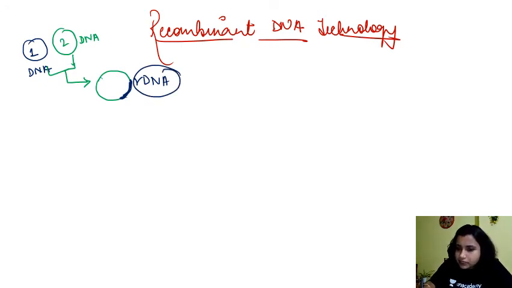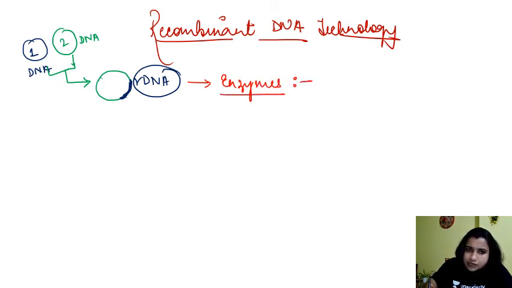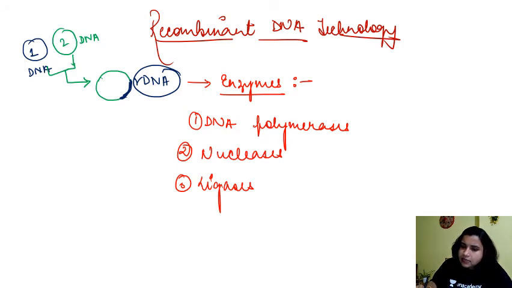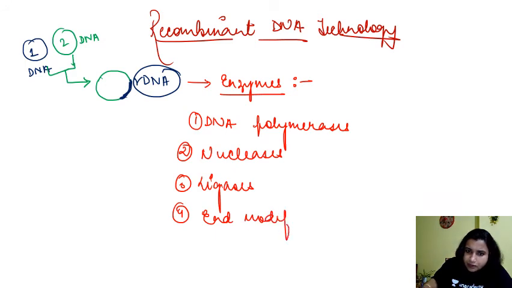To produce recombinant DNA, we need many factors, many tools for recombinant DNA technology. First, we will see the enzymes. The enzymes we need are DNA polymerases, nucleases, ligases, and the modification system, right?